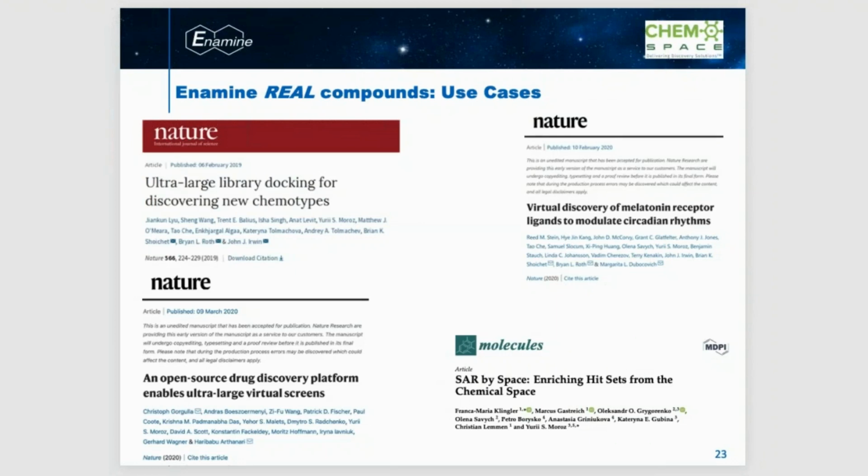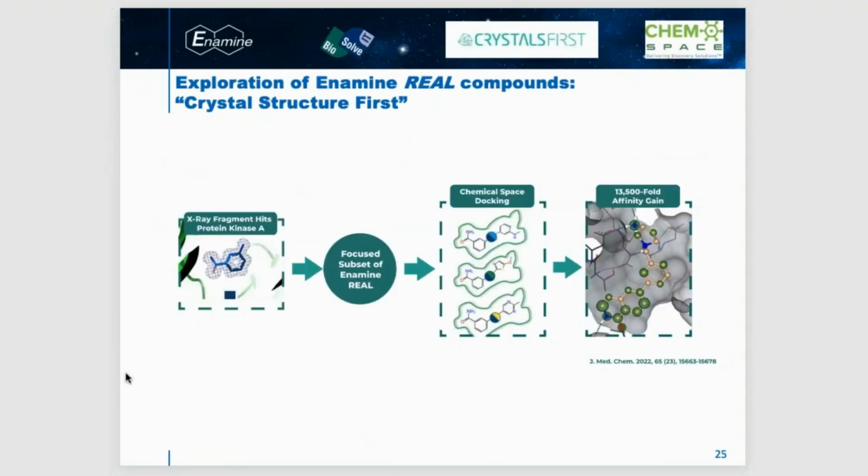But it's also worth mentioning that we've recently published, in a collaboration with BioSolveIT, with Crystals First and Professor Kleber's group, a really interesting approach that combines crystallography, chemical biology with virtual ligand screen, and basically applies this to huge chemical spaces like Enamine REAL.